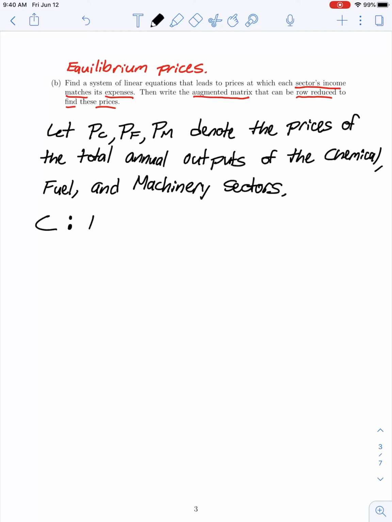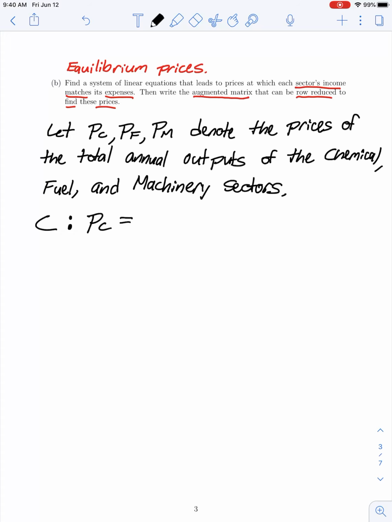So their total income will be the price of their total annual outputs, which we were calling P sub C. Now that has to equal its total expenses. So let's think about how to calculate the expenses here.